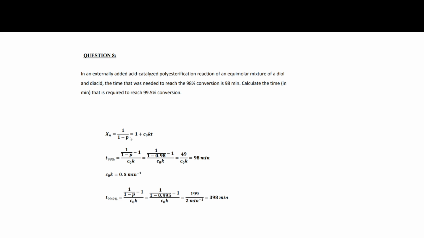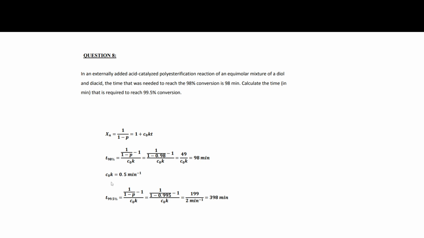So Xn is the degree of polymerization and p is the extent of reaction. The relation between Xn and the kinetics is 1 plus C0 into Kt, where C0 is the concentration of the acid catalyst. Now we know t at 98% is already given as 98 minutes.